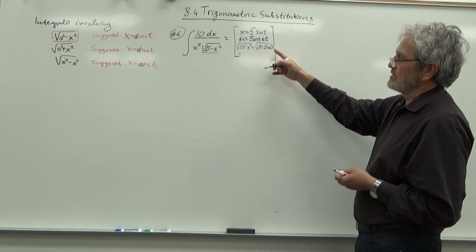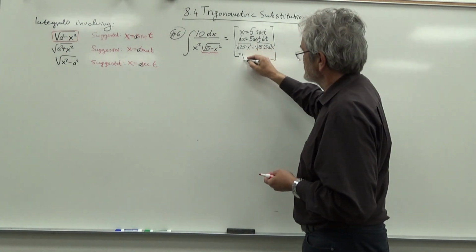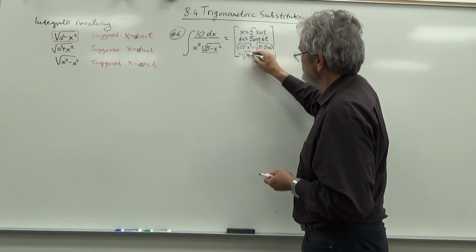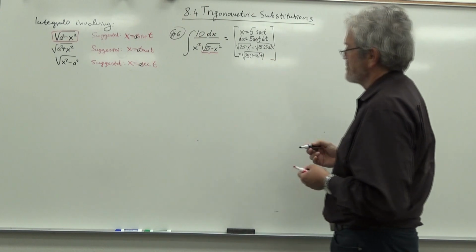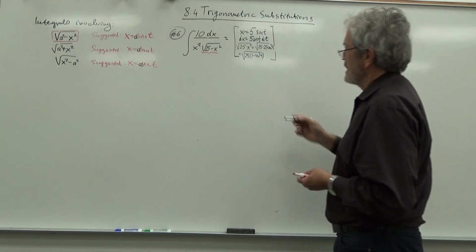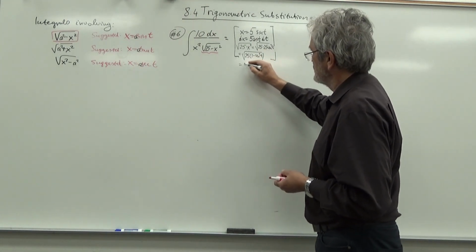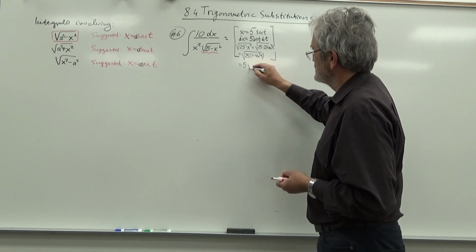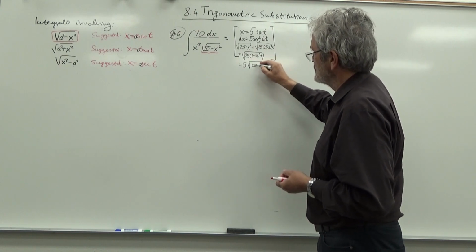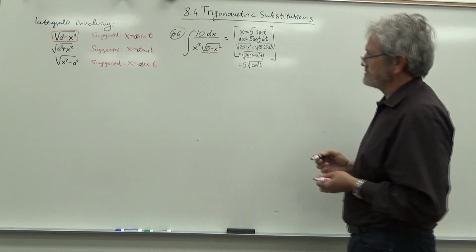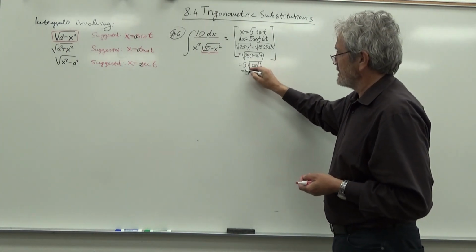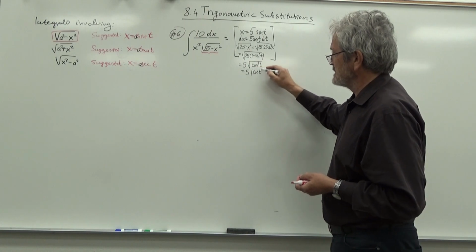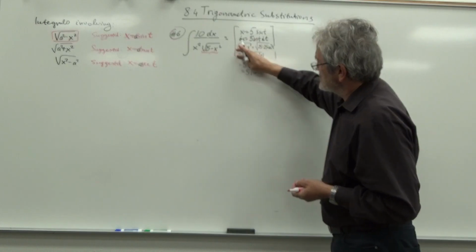I factor out 25 times 1 minus sine squared t, and that would give us 5 times square root of cosine squared t. Be careful here, square root of 5 cosine squared t is basically just 5 times the absolute value of cosine t. Here's one detail.